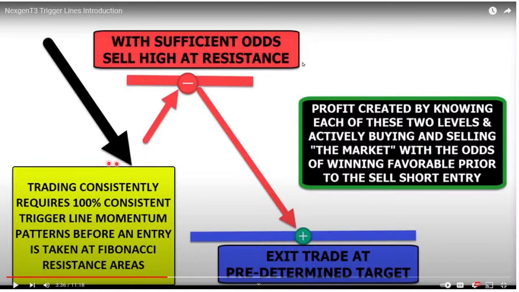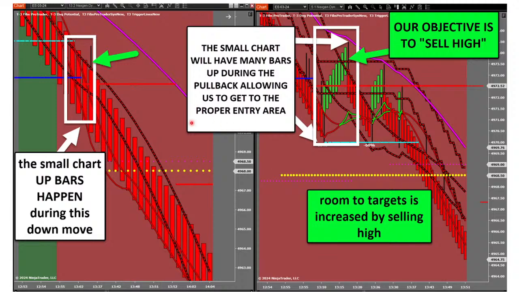The same is true going the opposite direction. When everything is down, when everything is fast, when the path is clear, we're going to sell high at Fibonacci resistance on a smaller, faster chart. This is your pattern that's going to allow you to reduce risk, that's going to allow you to maximize your profit potential. And the two charts work together because inside of this one bar on the large chart, this is one bar to the downside, one bar with momentum, one bar, hopefully with a clear path.